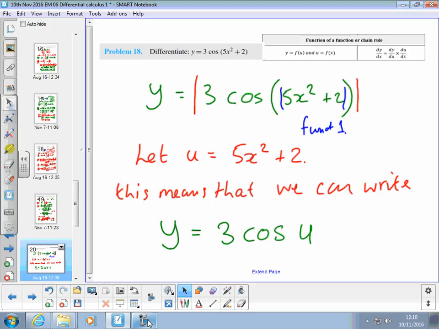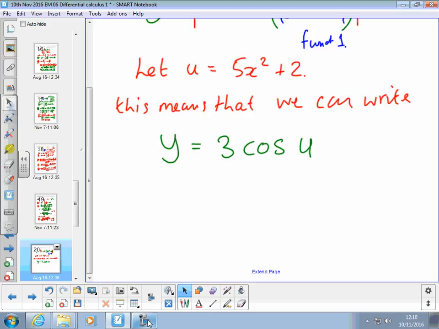So we called the bit inside the cosine brackets an arbitrary letter, usually u. It doesn't really matter which one you pick, but by convention it's u. And so then we can redefine the function as y is equal to the other function with that function replaced, in this case 3 cos u.